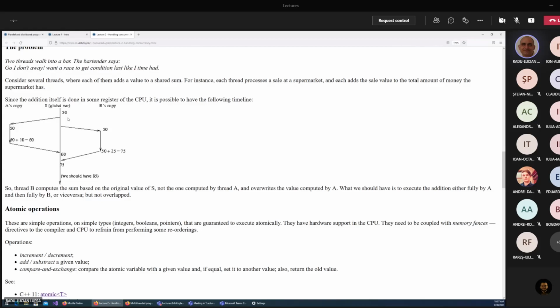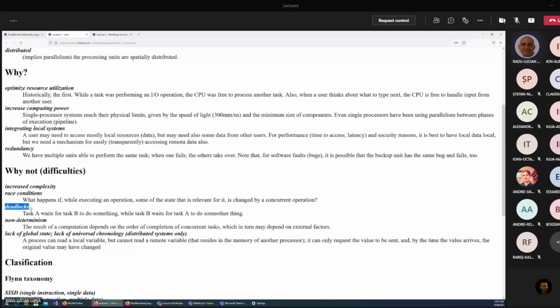Then we have the deadlocks. When we try to solve the race conditions, one thing that we can do is to put mutexes. To put a thread, in a more general case, to put a thread to wait until some other thread performs an operation.